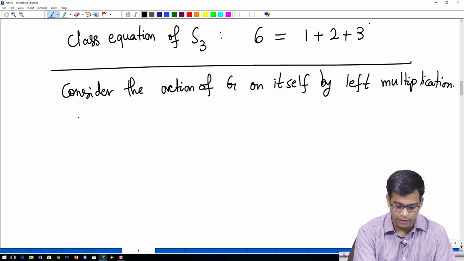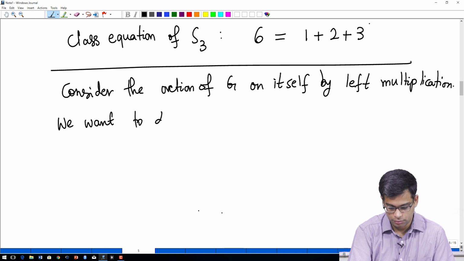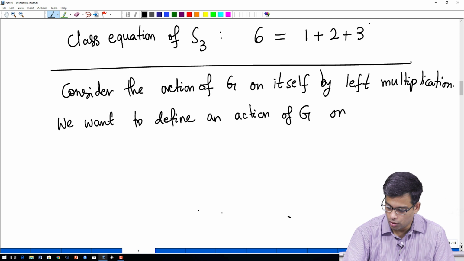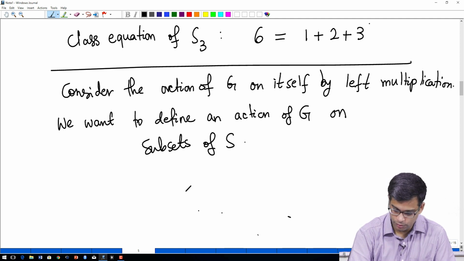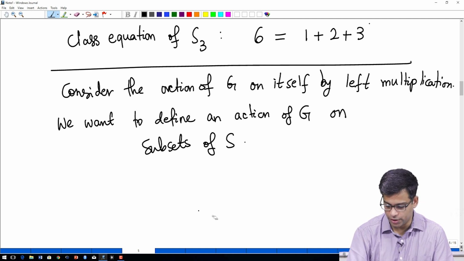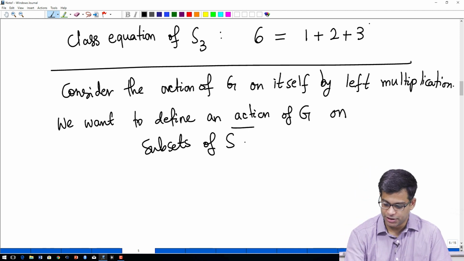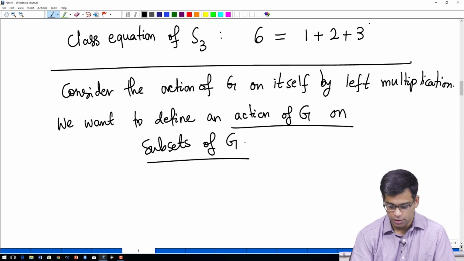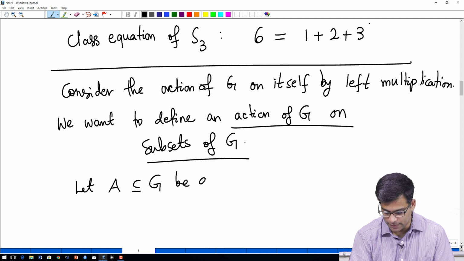So, we want to now define an action of G on subsets of S. We know that G acts on itself by left multiplication. Using that, I want to define an action of G on subsets of G. So, let A be a subset.